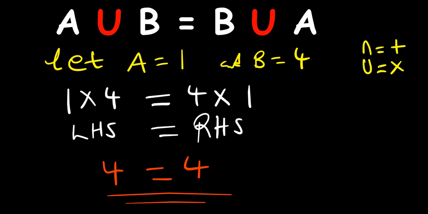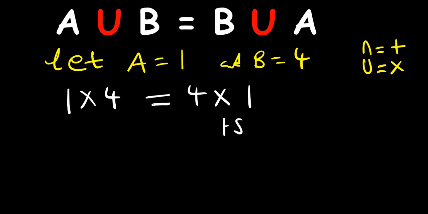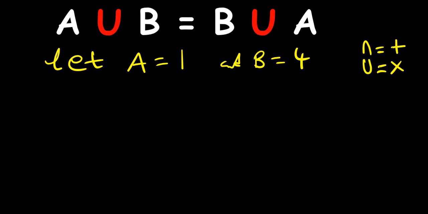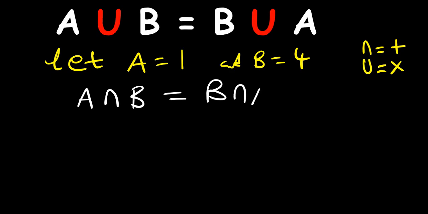Let's try the other way around. Another version of the law says A intersection B will give us B intersection A. So these are the laws. Let's use this one. Intersection is just the same as a plus.